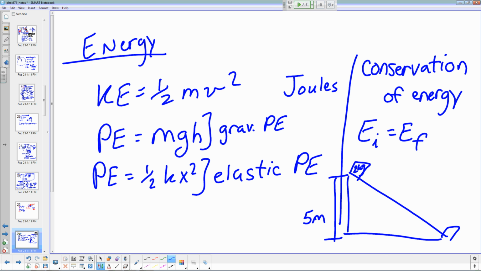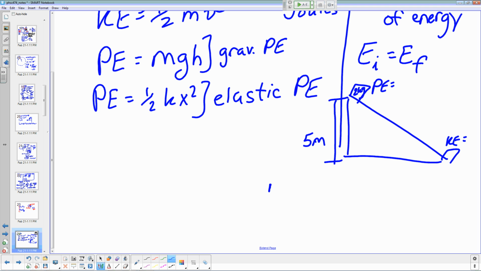I can just say that the energy at the top, which is all potential energy, is going to equal the energy at the bottom, which is all going to be kinetic energy. So the potential energy at the top, which is mgh, is going to equal the kinetic energy at the bottom, which is 1/2 mv squared. At the top, it's not moving, so it has no kinetic energy. At the bottom, it's down at h equals 0, so it has no potential energy.